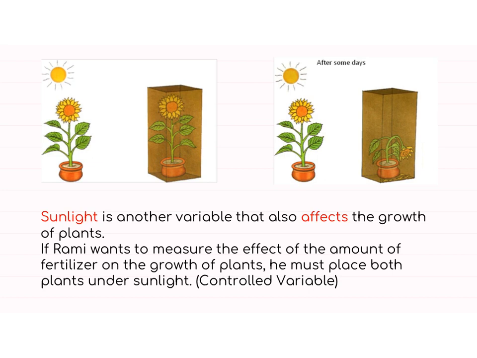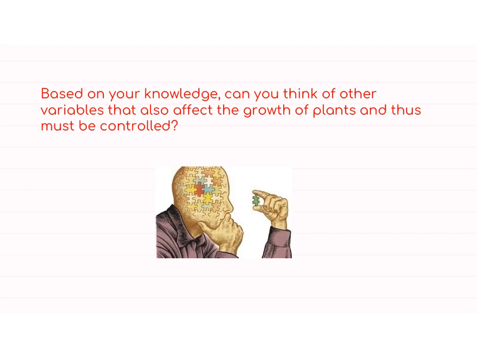And you have to remember that in a valid experiment, the collected results are reliable. So we have to think of other variables that also affect the growth of plants and thus must be controlled in order to make our experiment a valid experiment.